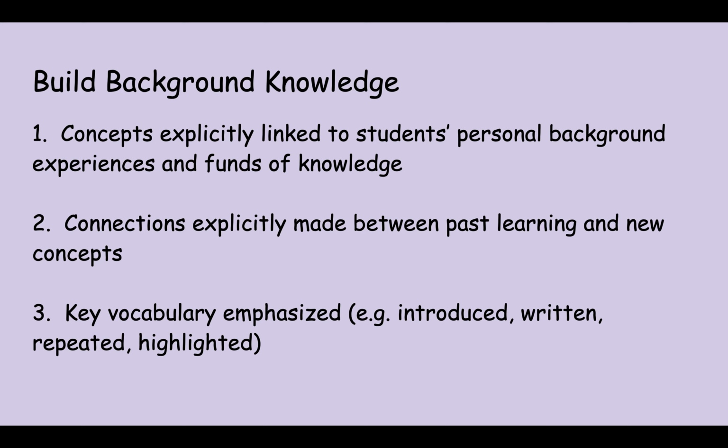So it's important to lay out, when you're reading a text, some of the connections that you want your students to make. You want to link it to something that they might already be familiar with. You could also do a KWL chart or something like that in science or social studies to help them make connections between things that they already know.